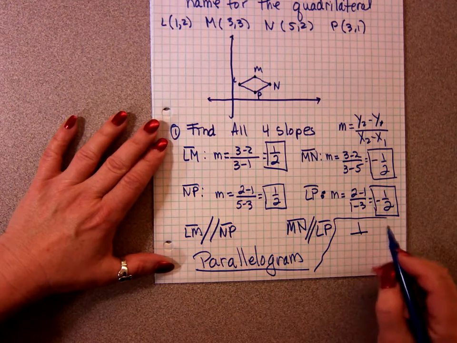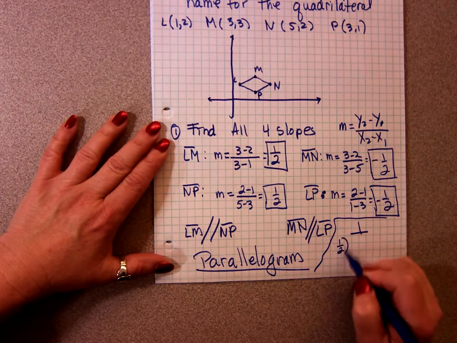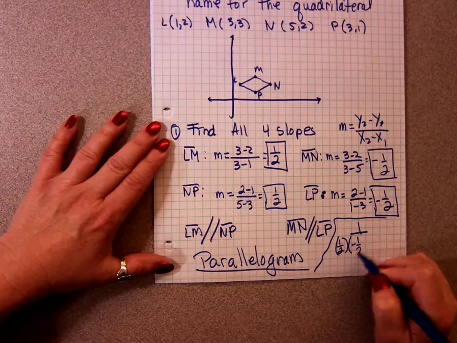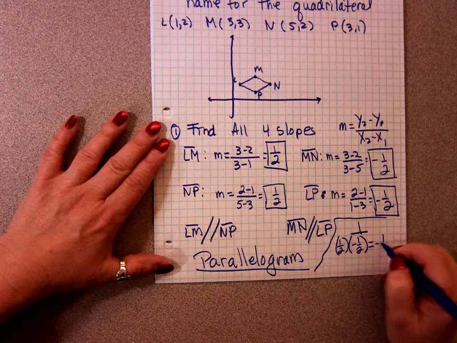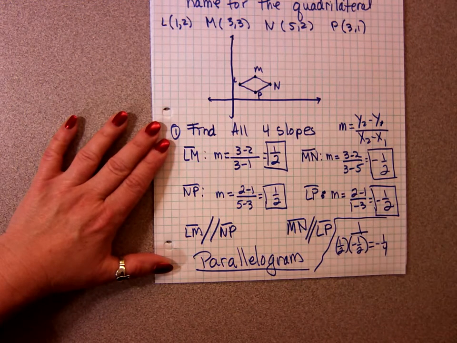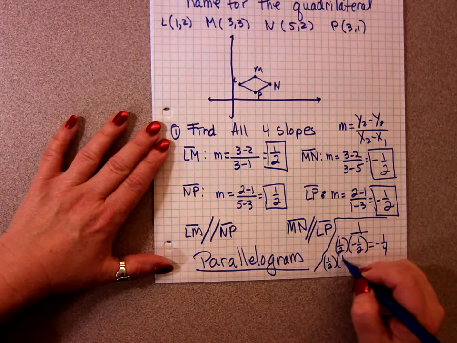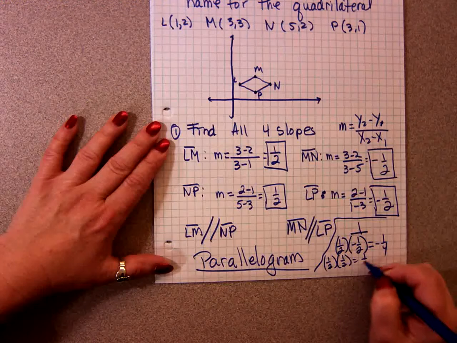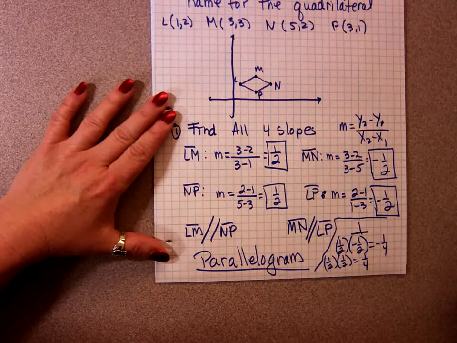That the product is negative 1. So let's try this. 1/2 times negative 1/2 is what? It's negative 1/4. And 1/2 times 1/2 is positive 1/4. So these lines are not perpendicular.